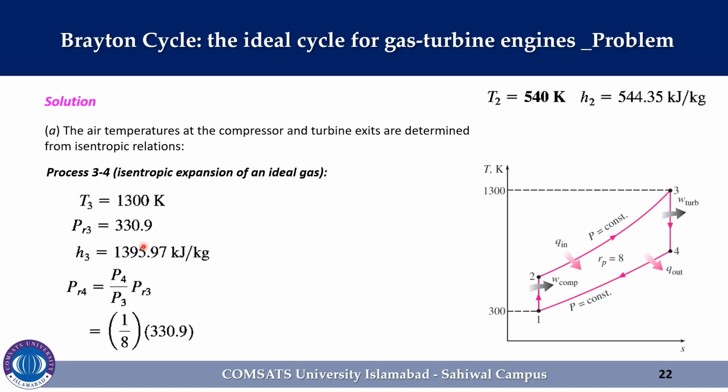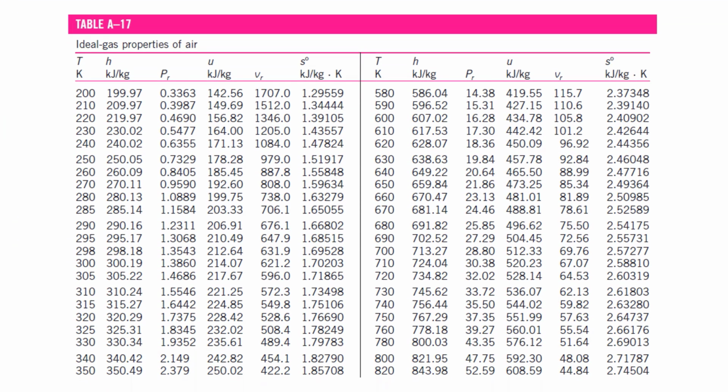So after simplifying, the relative pressure PR4 will be equal to 41.36. To note down the temperature against 41.36, again we will move on to table A17. So here the value 41.36 is in between 39.27 and 43.35.